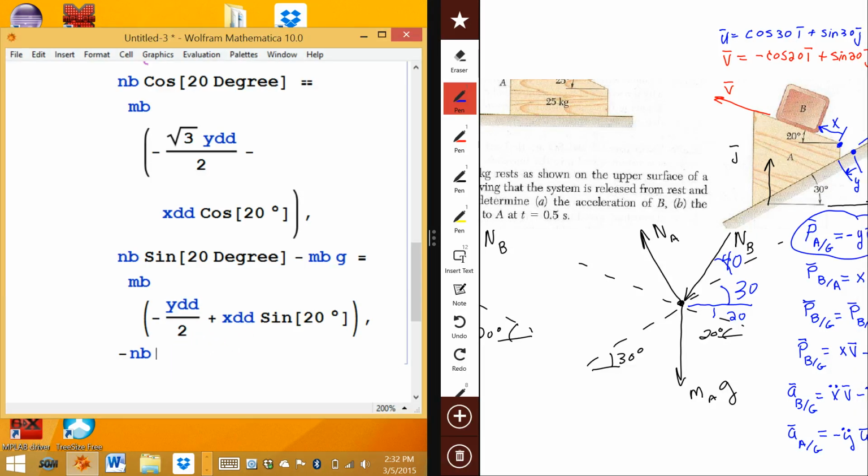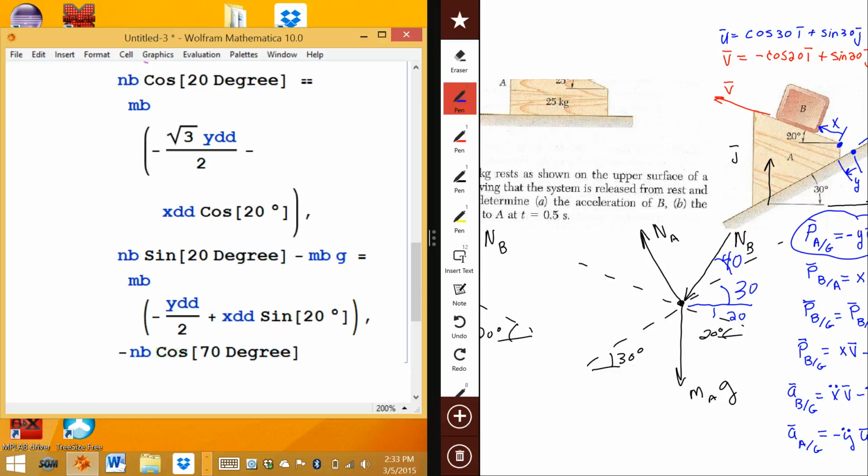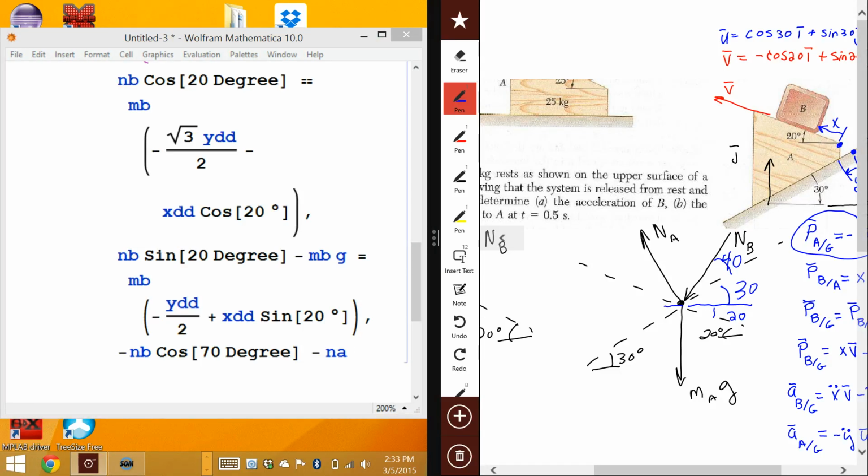Back to the forces in the x direction. It'd be NB times the cosine of 70 degrees. And I have an NA. It's also negative NA. And that would be, let's see, this angle is 30, and so this angle here is 60.